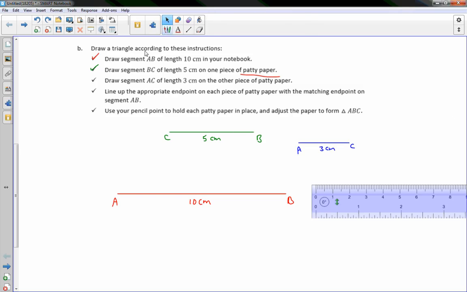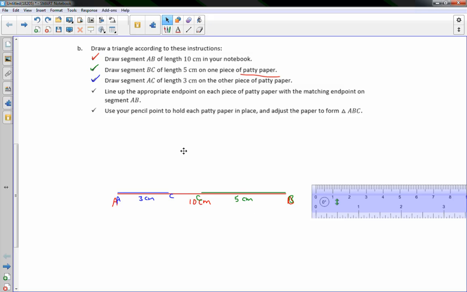Okay, now it says line up the appropriate endpoints on each piece of patty paper with the matching endpoint on segment AB. What they mean is, if this were on a piece of paper you can move around like we did on plastic, you'd line up the B right here, and then take AC and line up the A. I'm going to show you that they don't reach.